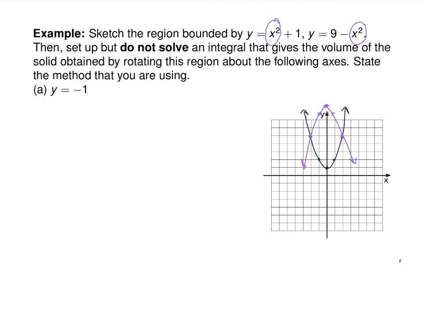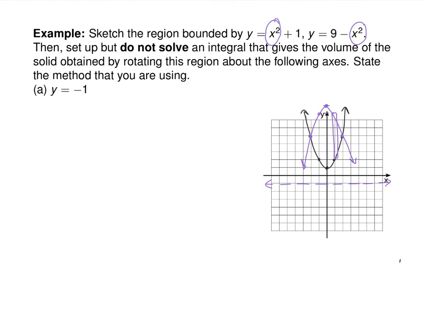So, now if our axis of rotation is y equals -1, so down here, the question is can you use the disk method? Can you use the shell method? So disk method involves slicing like this. And you think, is that an easy thing that you can do?